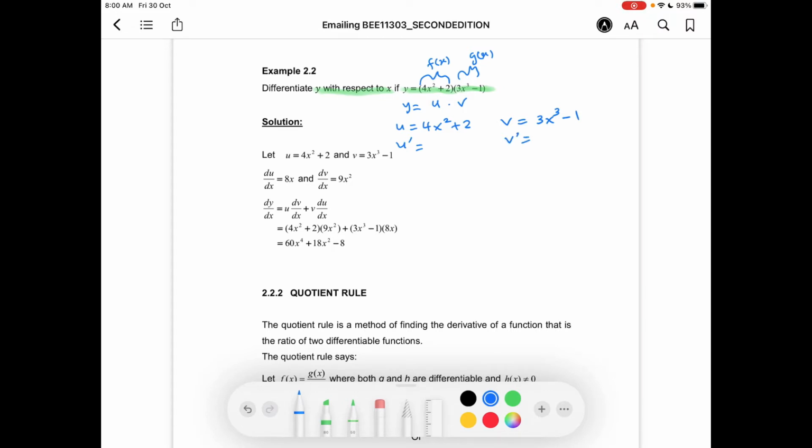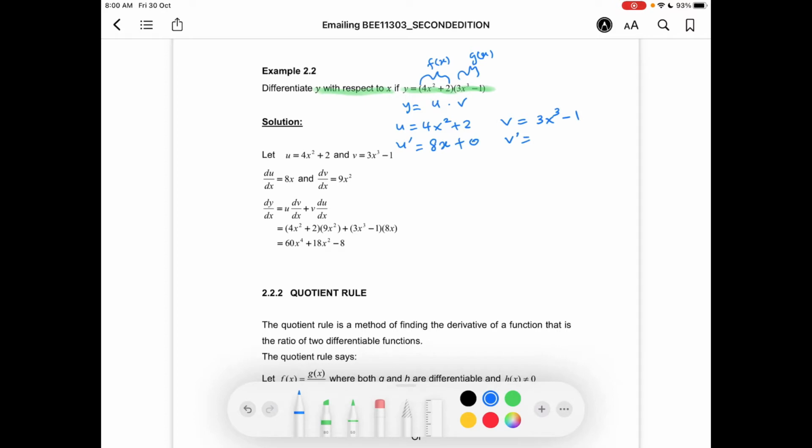What does it mean by u prime and v prime? It means you need to differentiate the u function, and for v prime you differentiate the v function. So 4 times 2 is 8x, plus 2 is a constant. If you differentiate a constant, you get 0.